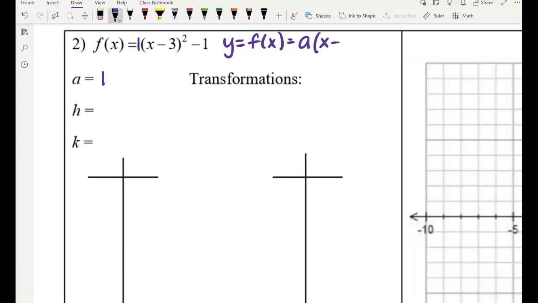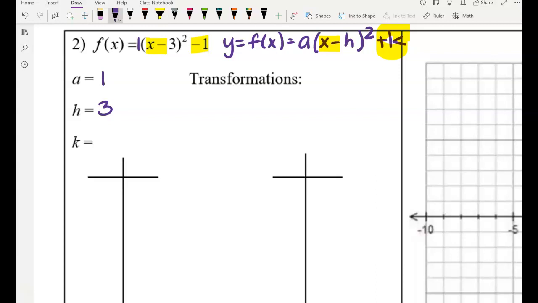It's a times the quantity x minus h squared, and then it's going to be plus k. So this is already an x minus, students, so your h value is just going to be 3. Now this is a minus 1 at the end here, but the formula calls for a plus k.